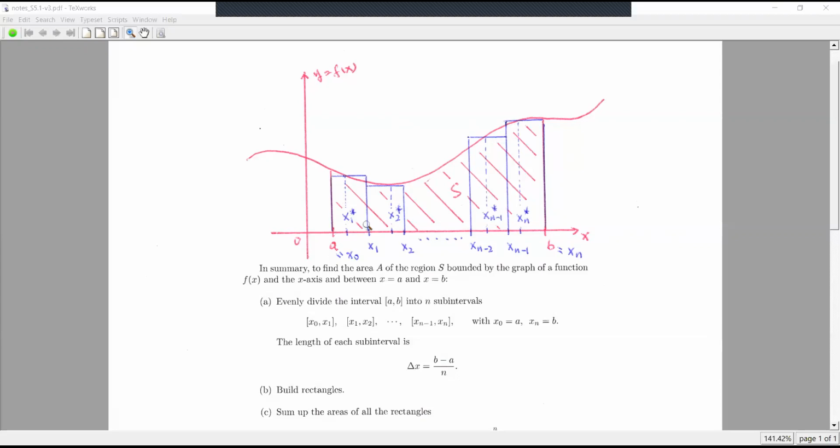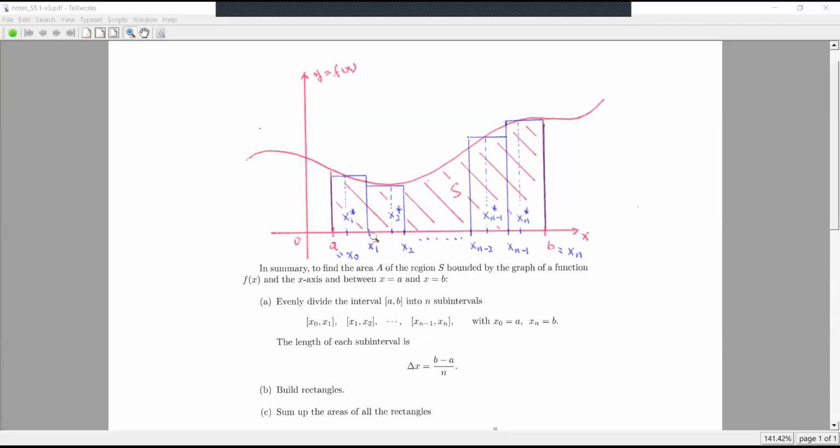You can choose x1 star as the left endpoint, the right endpoint, or the midpoint of the interval. Or you can arbitrarily pick x1 star. It doesn't matter. Now, after we have x1 star, we have the function value at x1 star. Use the function value as the height to build one rectangle.